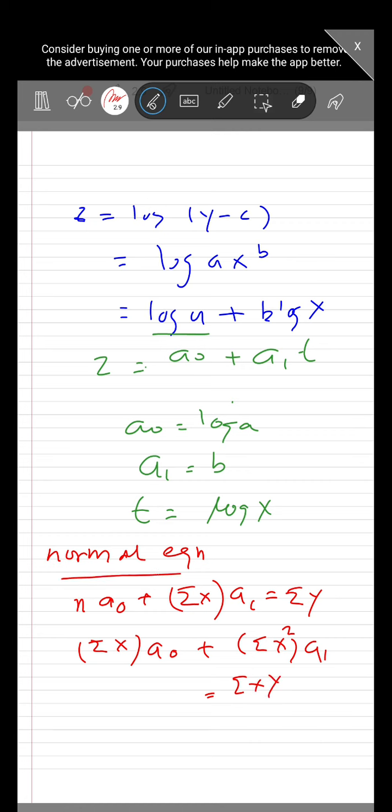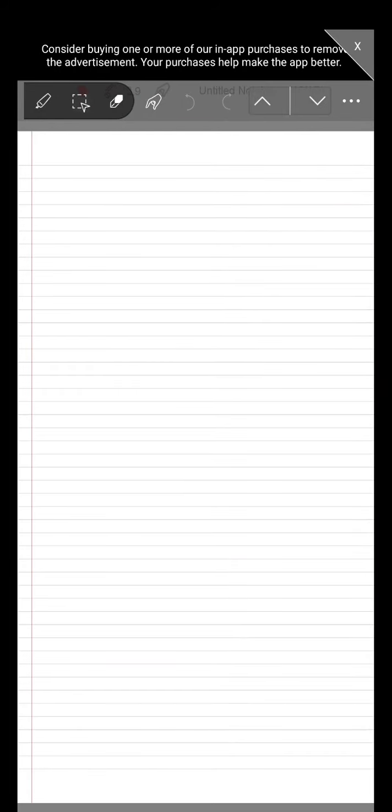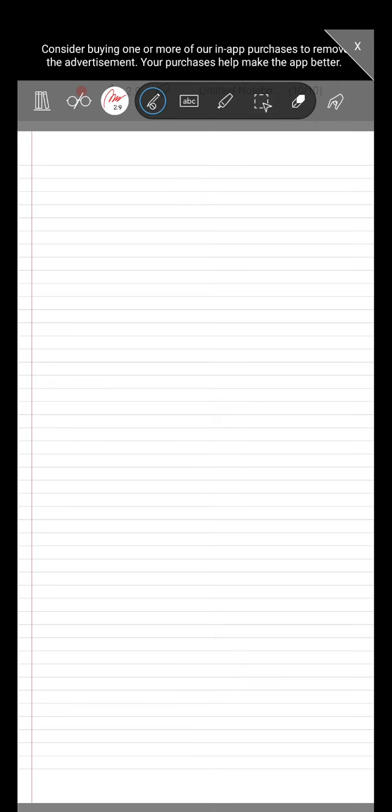These are the normal equations, and the solutions are as follows: a0 is equal to, the denominator will be n into summation x square minus summation x whole square.